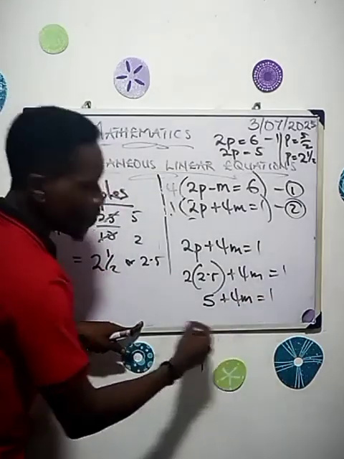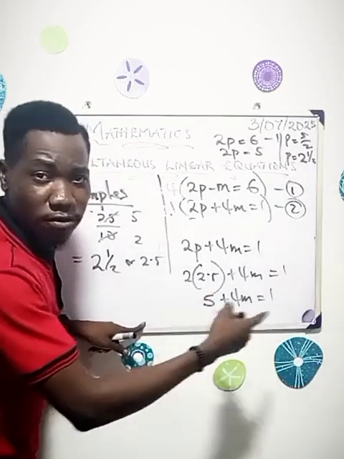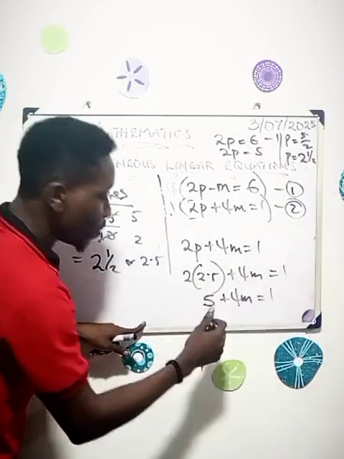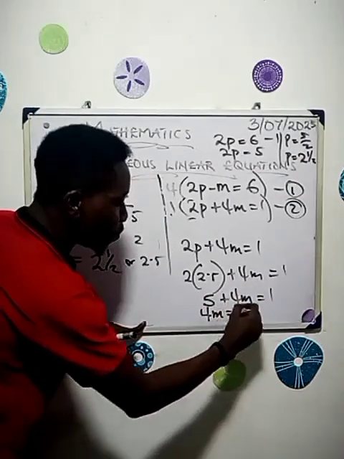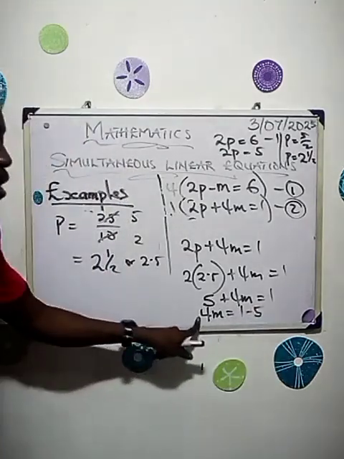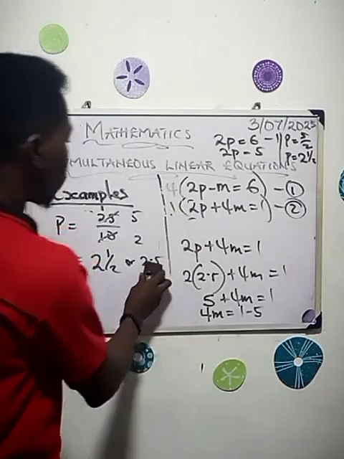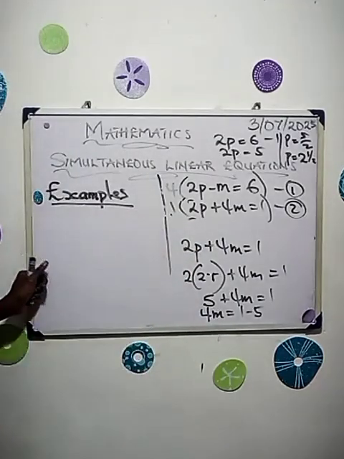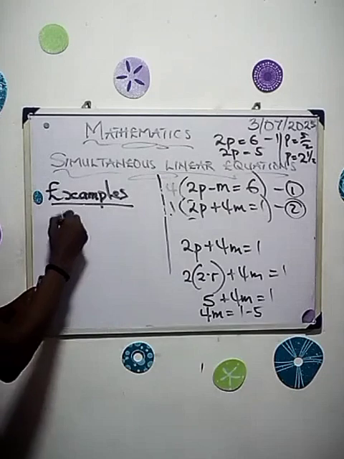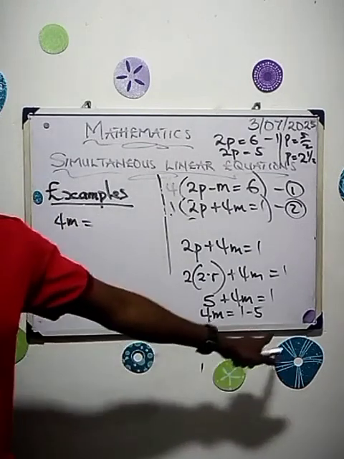So we subtract 5 from both sides. That's take 5 over, right? Then you have 4m equals 1 minus 5. What is 1 minus 5?